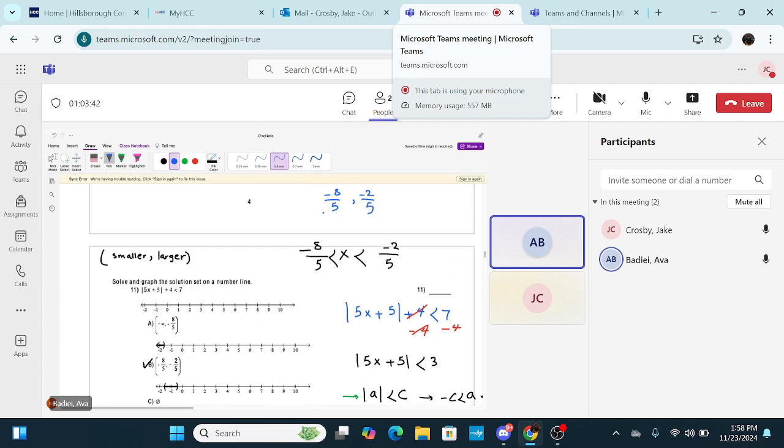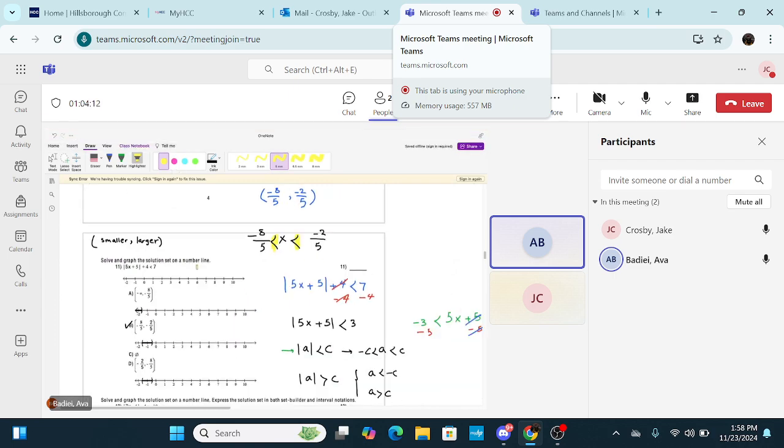Now, why do I use parentheses here, here, and here? Oh, because there's no equal to? Exactly. It's because of this sign. If you don't see an equal sign here, you put parentheses, and if you don't see one here, you put parentheses again.